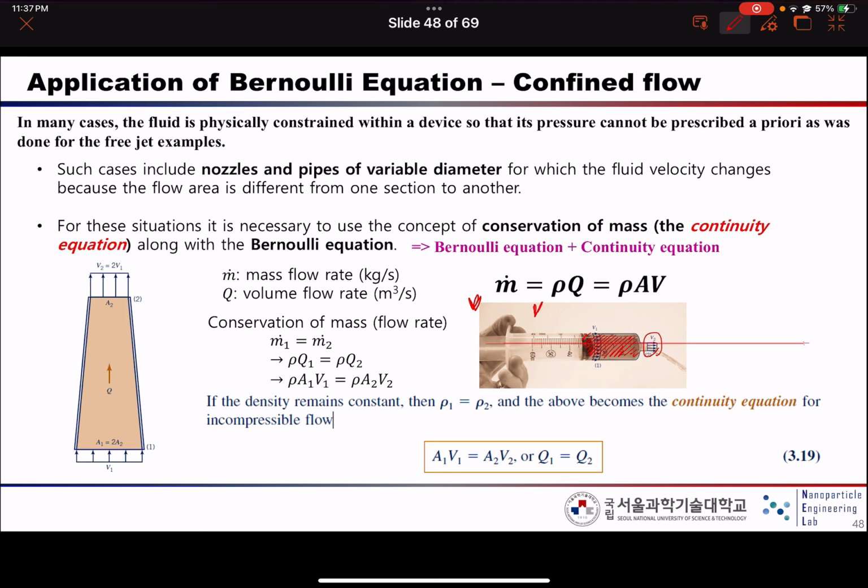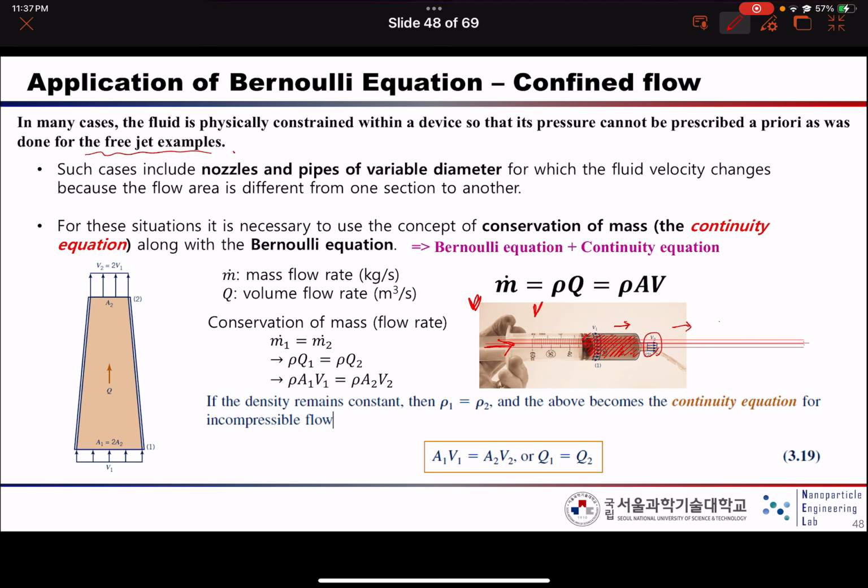Because the human pushes the syringe, the liquid comes from left to right, right? So this is the confined flow. In many cases, the fluid is physically constrained within a device so that its pressure cannot be prescribed, as was done for the free jet example.